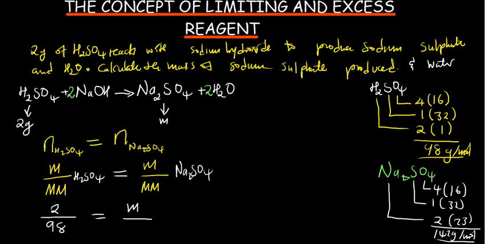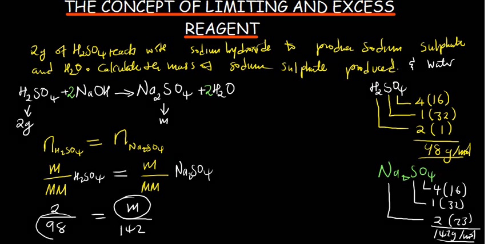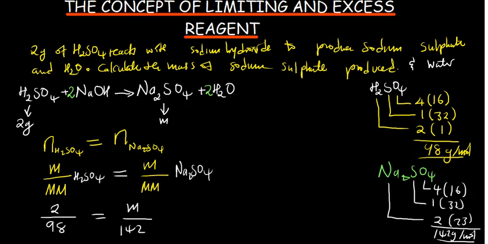Over 142. So what we are going to do at this stage is cross multiply. So m times 98 is 98m, and that is equal to 2 times 142.